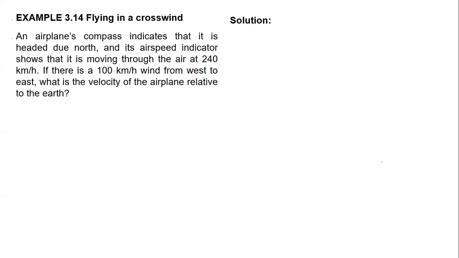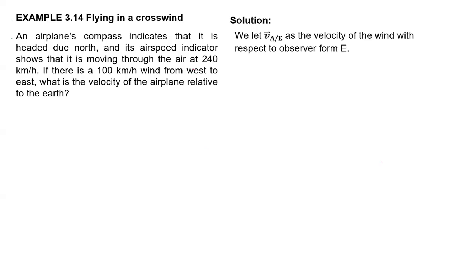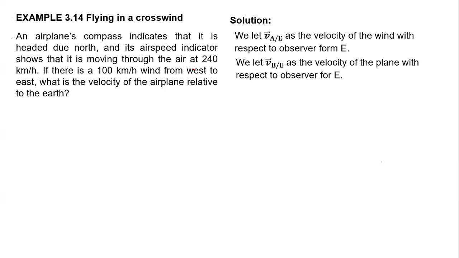Okay. So for the solution, we let the velocity of A with respect to the observer from the earth be the velocity of the wind with respect to the observer from the earth. And we let VB with respect to E be the velocity of the plane with respect to the observer from the earth.